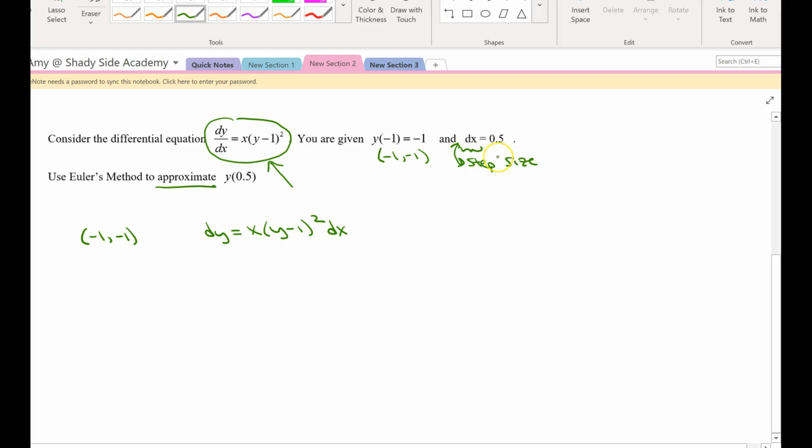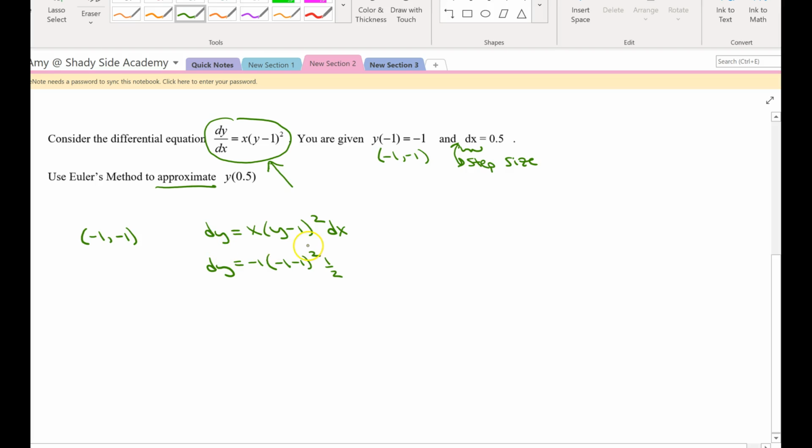Now we're told that dx equals 0.5, all right? So I'm going to drop dy equals x; we know the value for x at this point is -1. y is also -1. dx is 1/2, or 0.5.